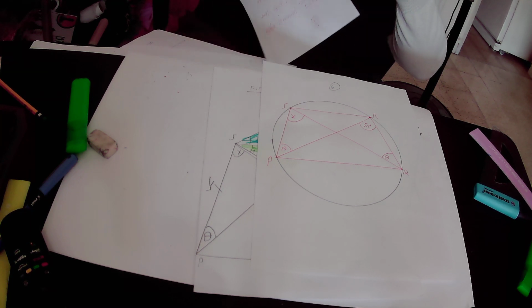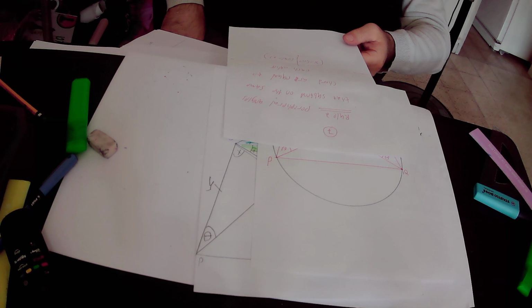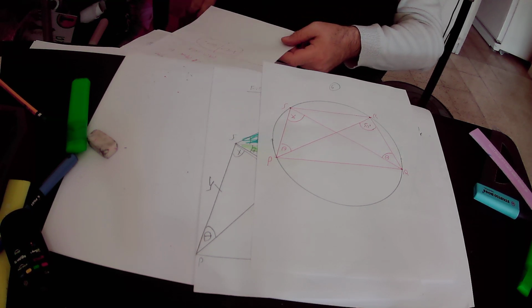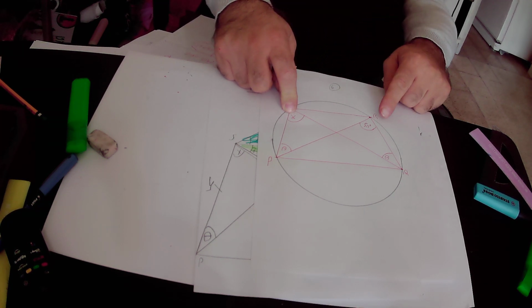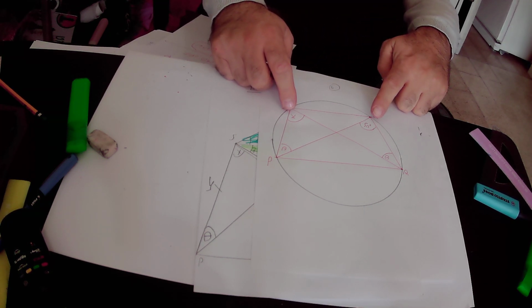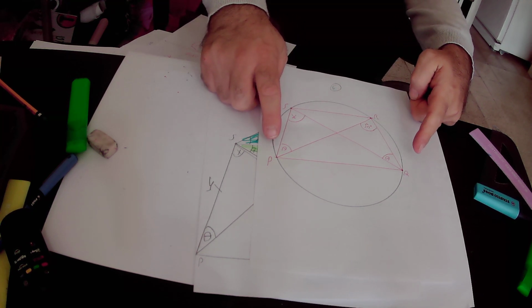Again, rule number 2 states that peripheral angles that subtend the same chord are equal to each other. We have angle X that subtends chord PQ, and angle PBQ that equals 50 degrees subtends the same chord PQ.